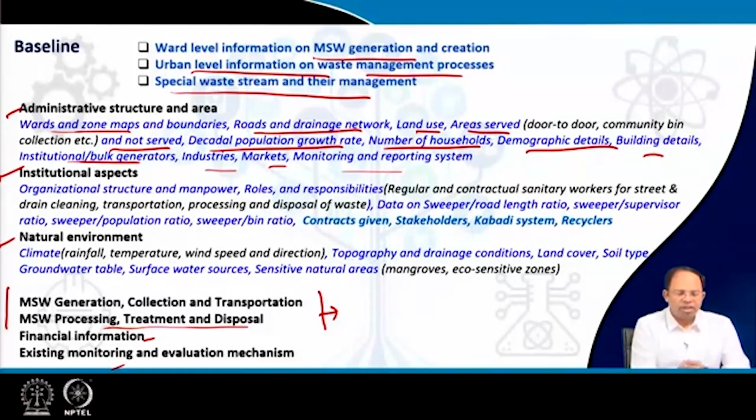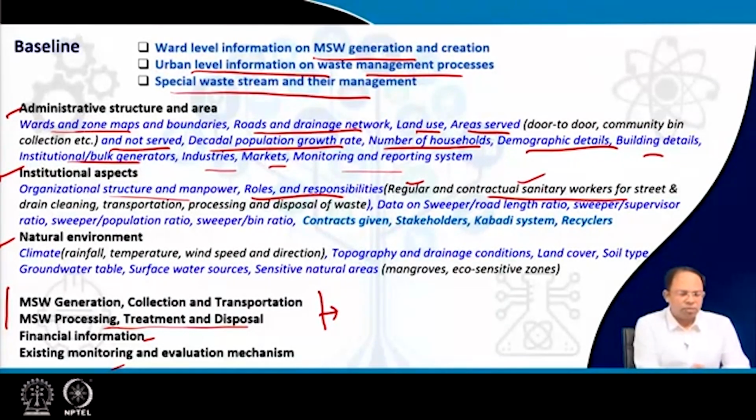Now, when we talk about institutional aspects, we have to understand the organizational structure of this particular ULB, the different manpower, their roles and responsibilities, and particularly we have to be careful about regular staff and contractual sanitary workers, because in solid waste, a lot of work is actually given on contract to different agencies. This data is difficult to get because private companies don't want to share their data, but we need that data because it helps us estimate their efficiency and productivity.